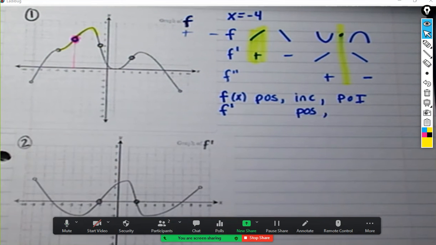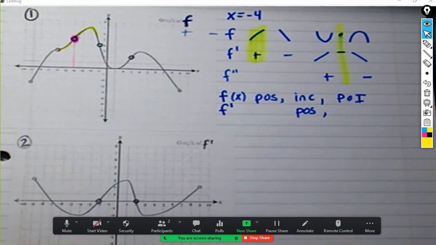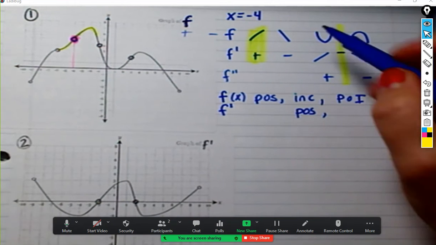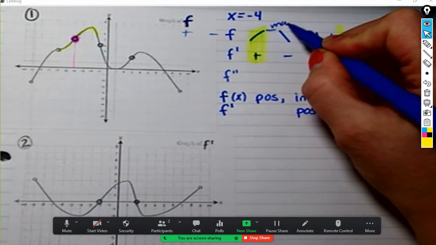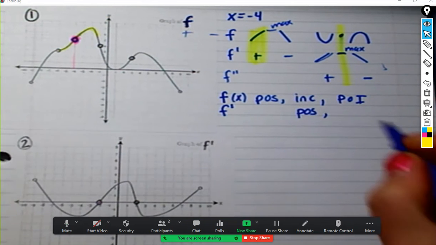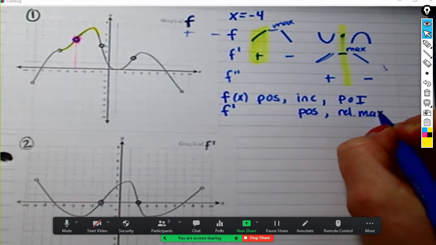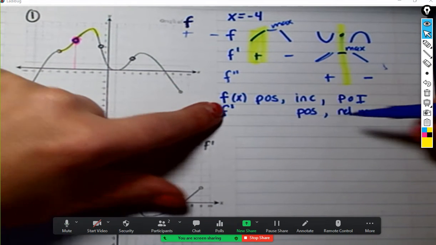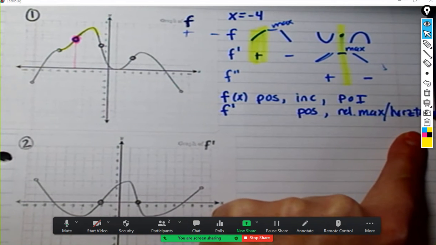Whew. All right, we're in between, so we have to look at the connection. This creates a maximum. Up, 0, down. So this is a relative max. F prime has a relative max, which is also a horizontal tangent.